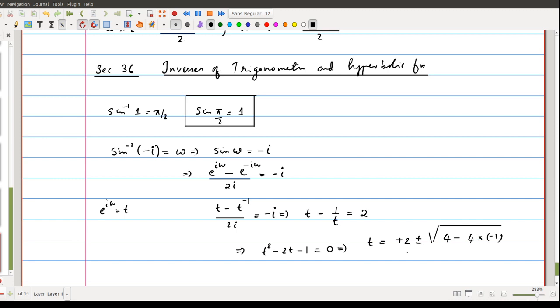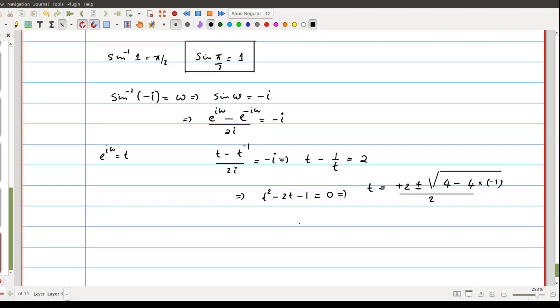So t is equal to 2 plus or minus square root of 8 divided by 2. Root 8 is 2 root 2, and cancelling out the 2s, we can write t as 1 plus or minus root 2. So this is the value of t. What is t? t is e to the power i omega.